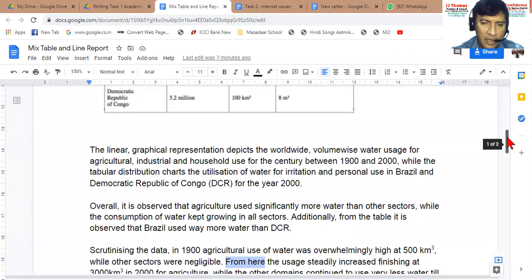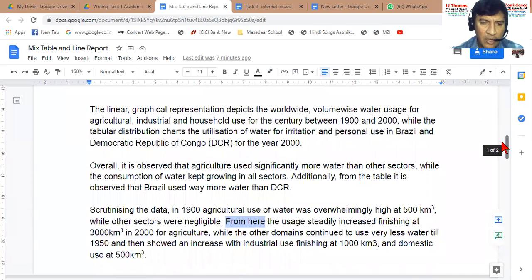Now what have I done? I said that agriculture grew and it finished. From here, can you read this? Steadily increased, finishing at 3000 in 2000 for agriculture. While. Now see this word, while. Make it your friend.